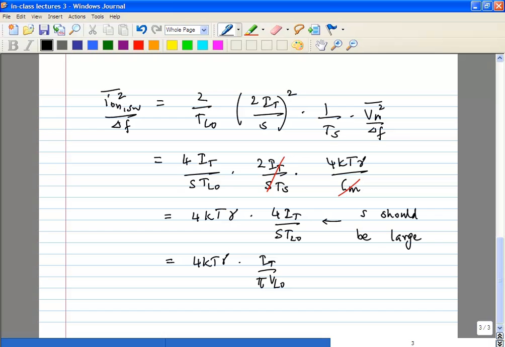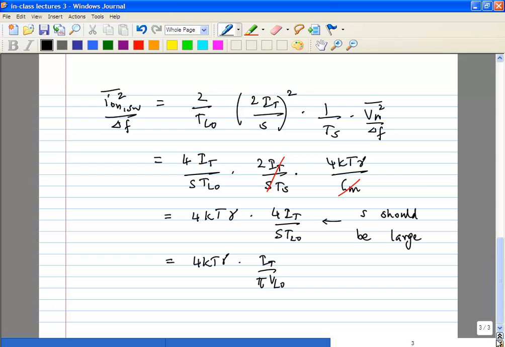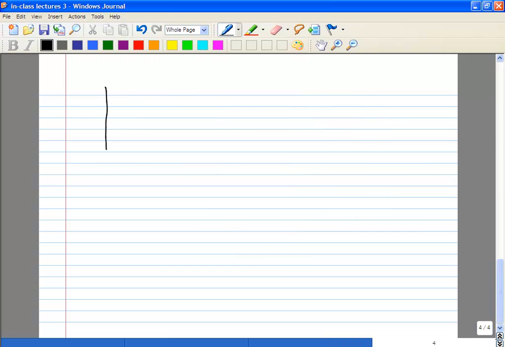But remember what happens to the pulse width? The pulse width becomes smaller and smaller. As you increase the width, the transistor switches faster, naturally. So as the pulse width becomes smaller, what happens to this? If you look at the output noise profile, let us say the output noise looks like this. This is your output noise floor.